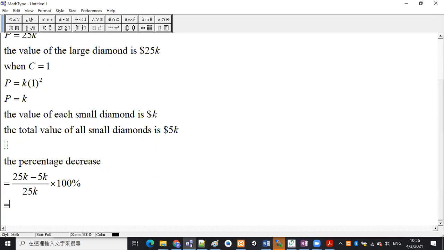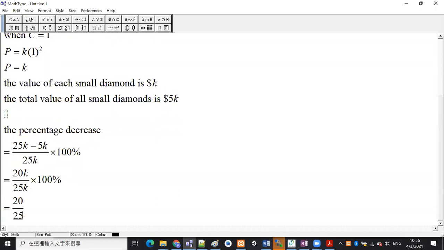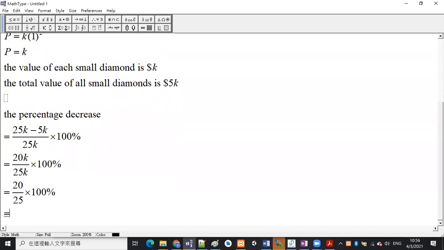Then you should find that 25K minus 5K becomes 20K, divided by 25K times 100%. Then we simplify the K, and the fraction will be 20 over 25 times 100%. You just use the calculator and you'll find that it is equal to 80%.